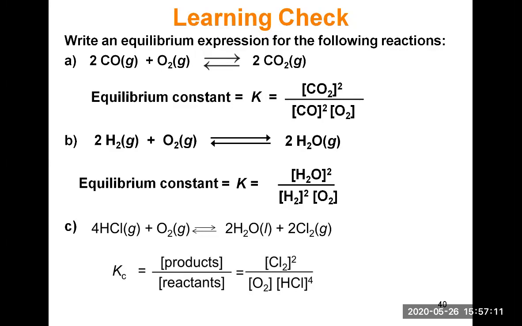So here, as you can see, it's easy to forget that liquids should not be included in the equilibrium constant. So be careful. As you can see, I was about to forget that H2O should not be included in that equilibrium constant because it's a liquid, and liquids are considered having a constant concentration, so they are not included. Liquids and solids.